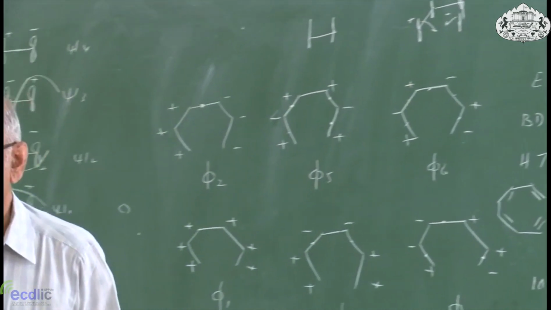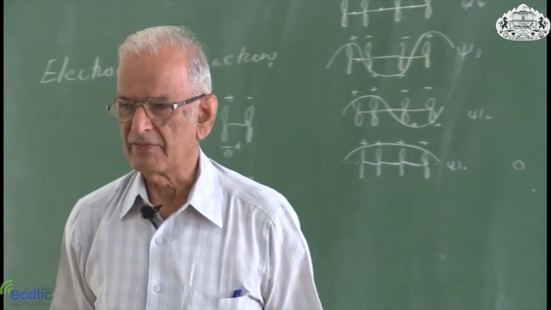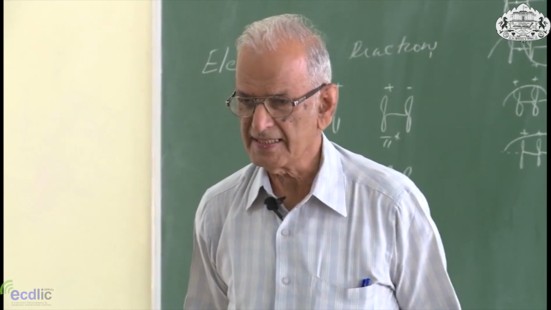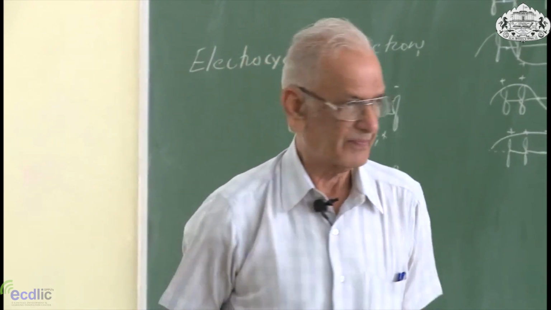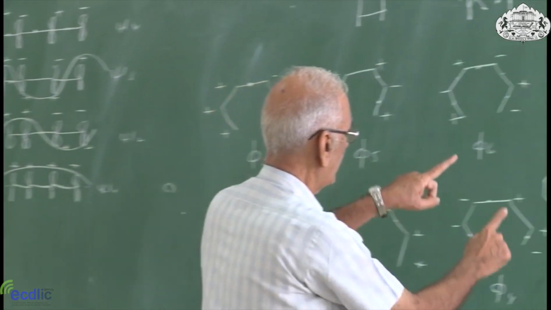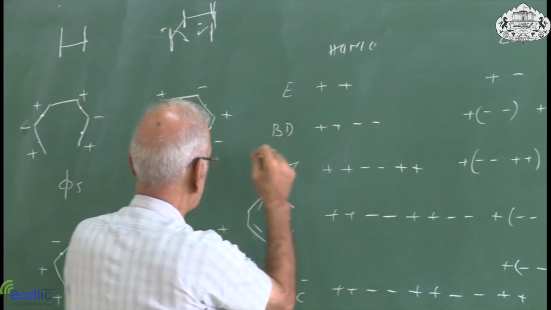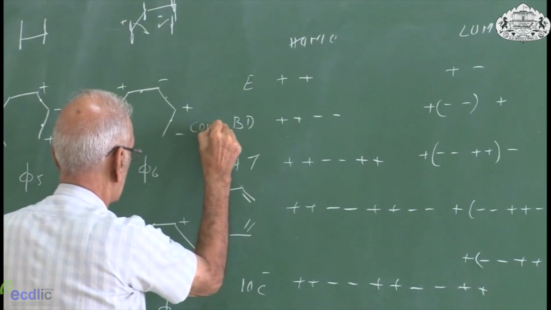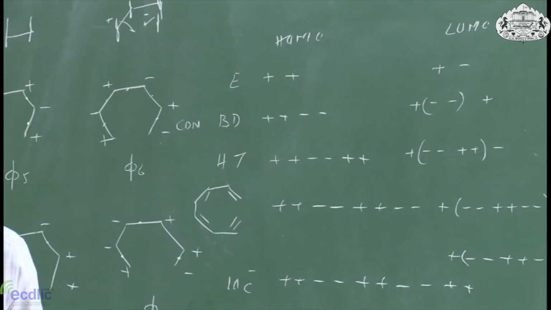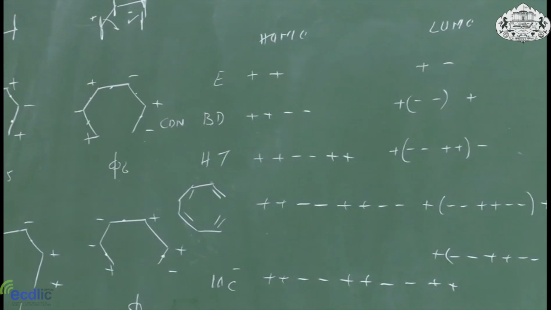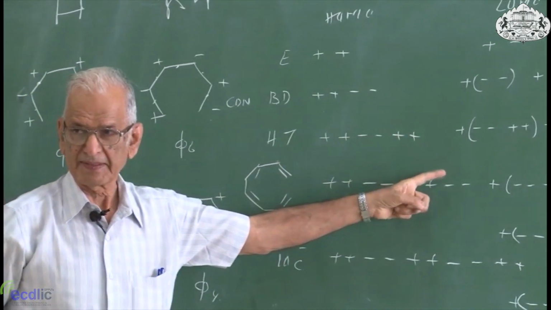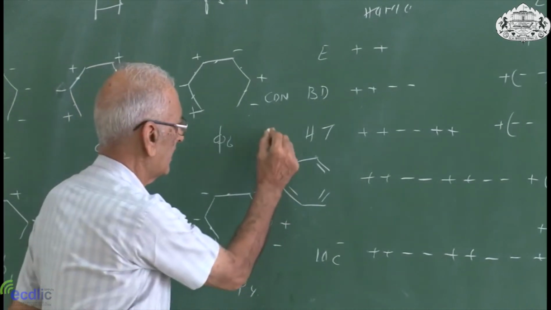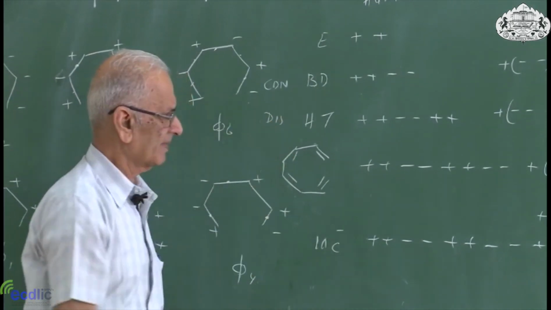If the end orbitals have opposite signs, the reaction is going to be conrotatory. End orbitals have same sign, reaction is going to be disrotatory.